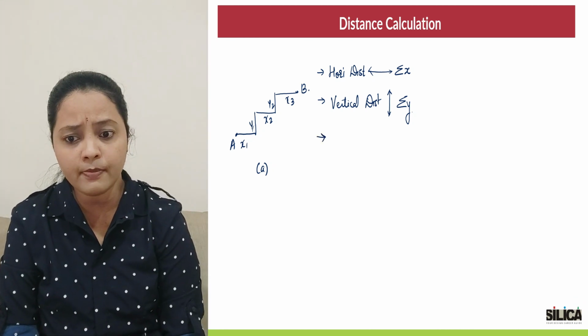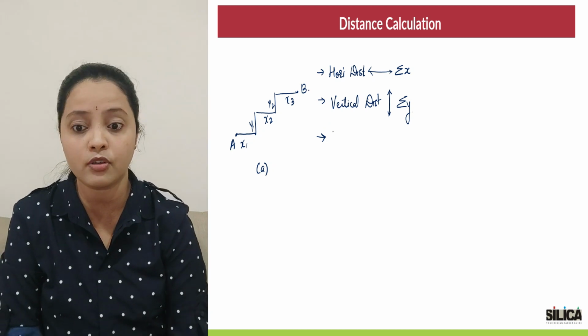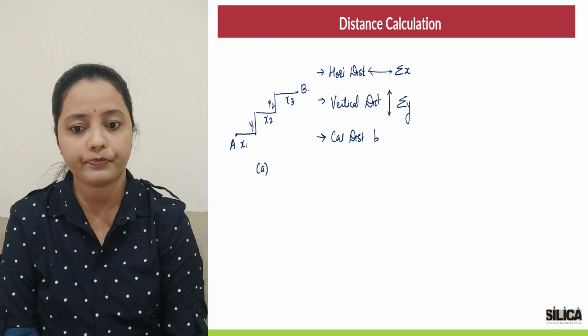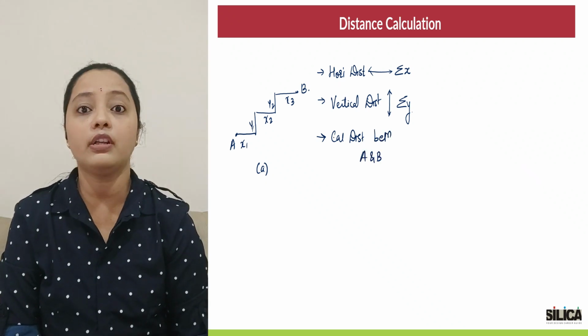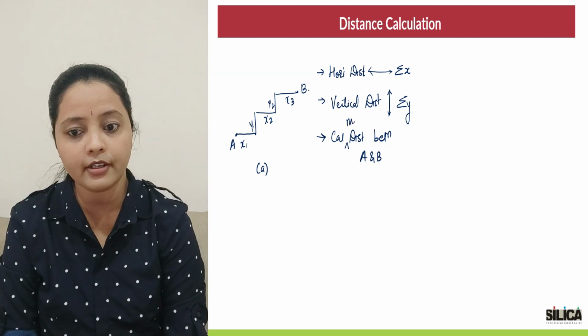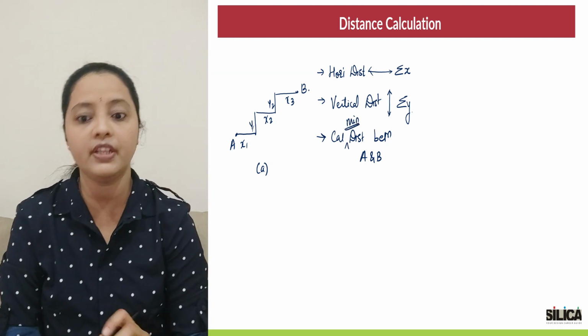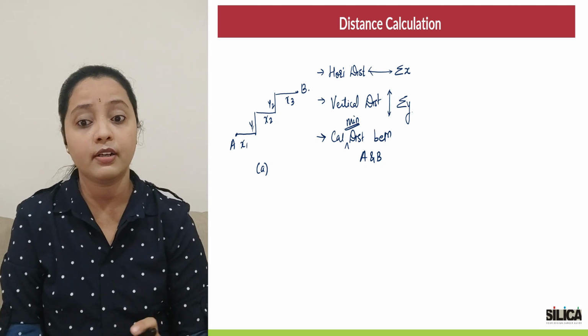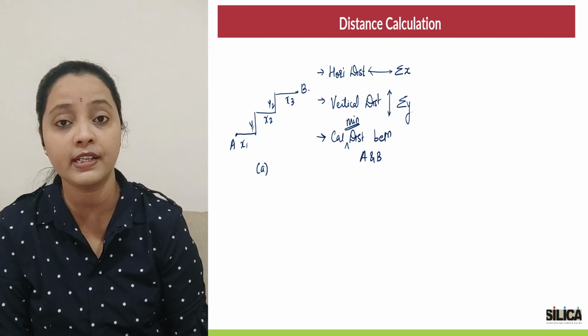Now the third type of distance calculation that you might come across is, they would either say calculate the distance between point A and B, or they would use the words calculate the minimum distance between point A and B. This is important. Sometimes the word minimum would be there, sometimes it won't.